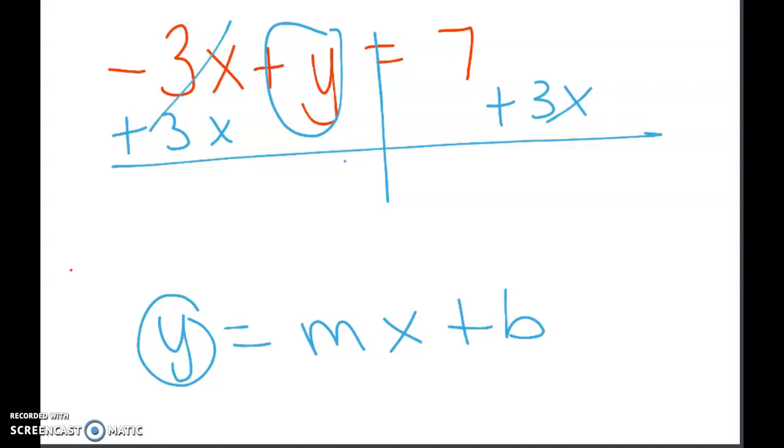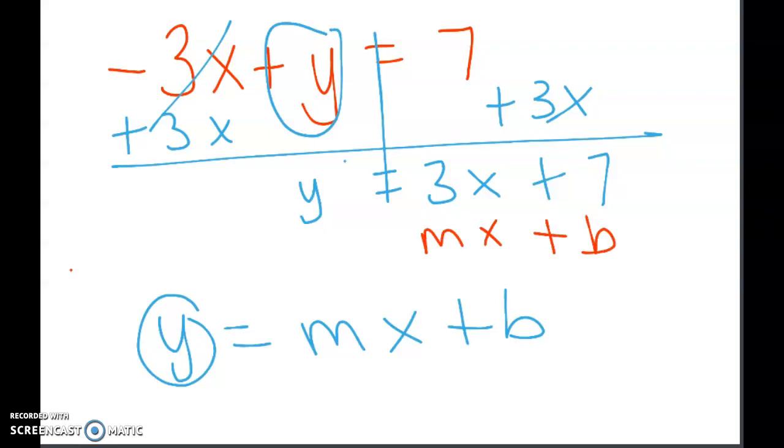And then on the left, we'll be left with y is the same as, and on the other side we want to put our term that has x's in it first, 3x plus 7. And now you'll notice that if we write mx plus b right underneath it, you can easily see that your slope, which is m, is 3.